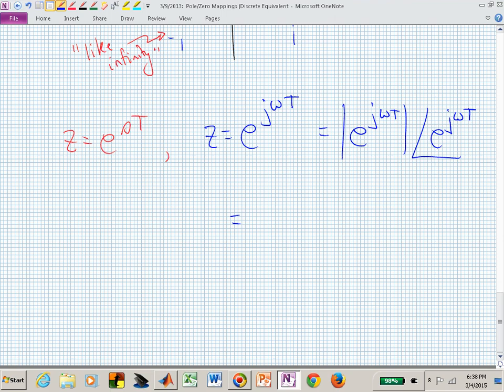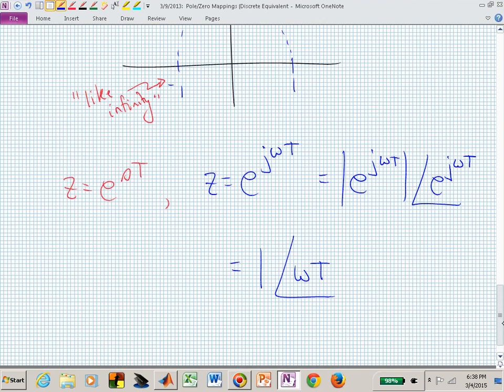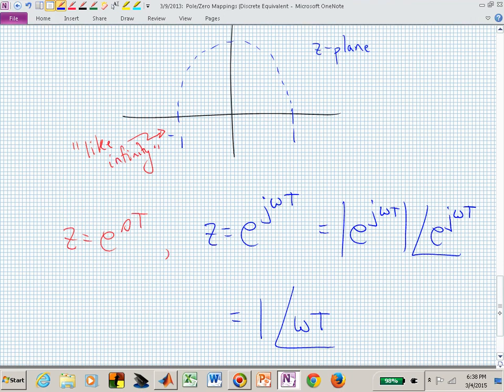But you should be able to convince yourself that the magnitude of e to the j omega T is 1. And the angle of e to the j omega T, if you simply took the inverse tangent of sine omega T over cosine omega T, is just going to be the angle omega T. And what's that going to do as we make omega really, really big? Well, as far as it can go is 180.